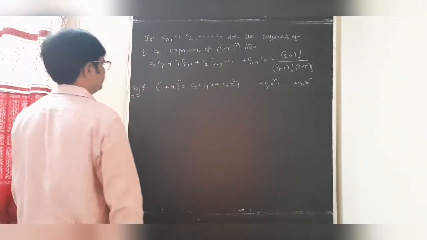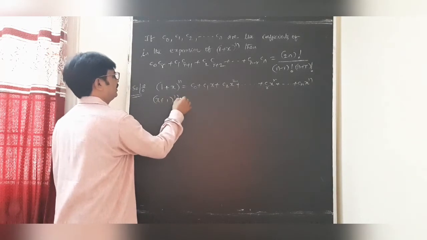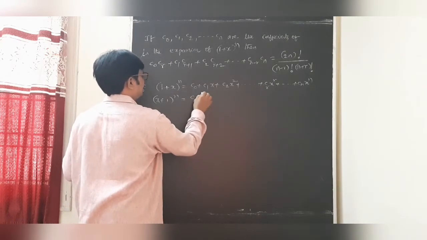Now another one, students: (x + 1)^n, which is C0 x^n.